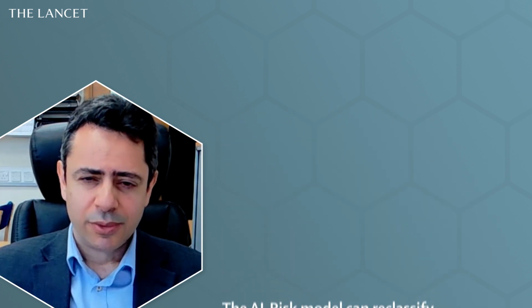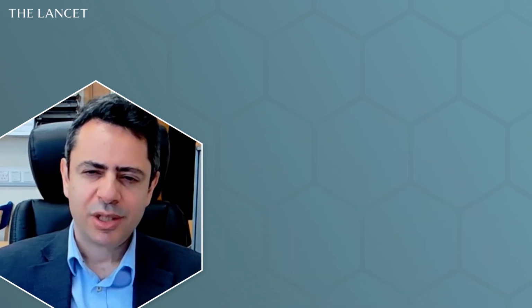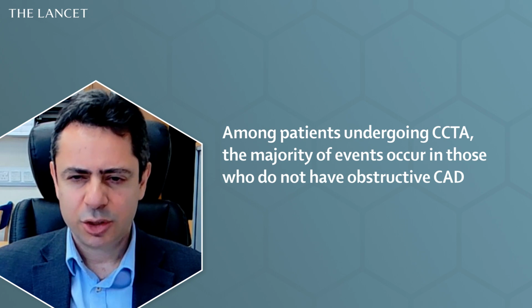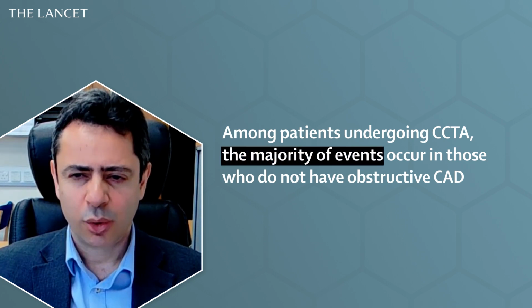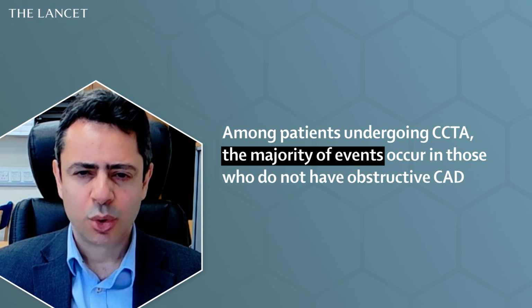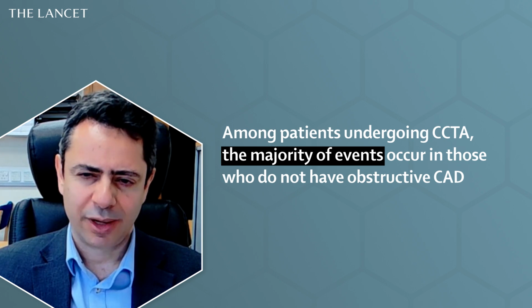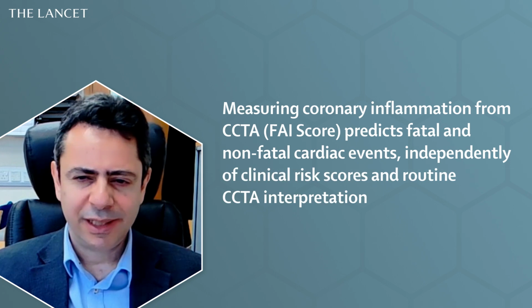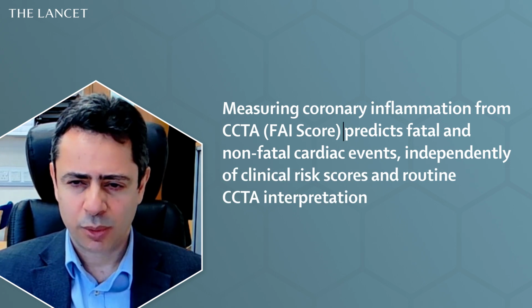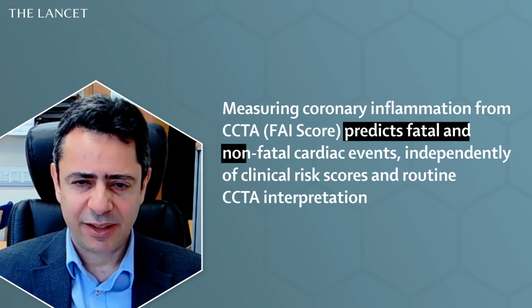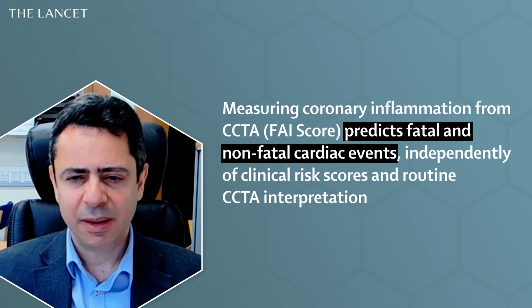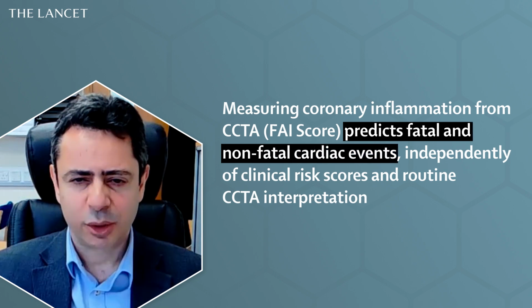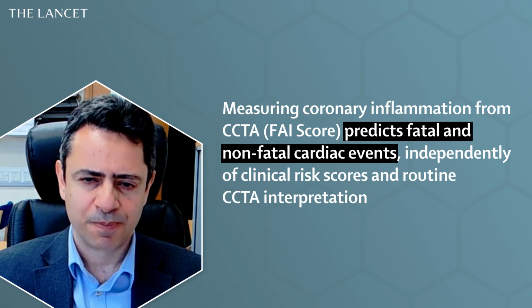So, in conclusion, in this study, we found that among patients undergoing coronary CT angiography as part of clinical care, the majority of events occur in those who do not have obstructive coronary artery disease. Measuring coronary inflammation from coronary CT angiography using the PHI score predicts fatal and non-fatal cardiac events independently from clinical risk scores and routine coronary CTA interpretation.